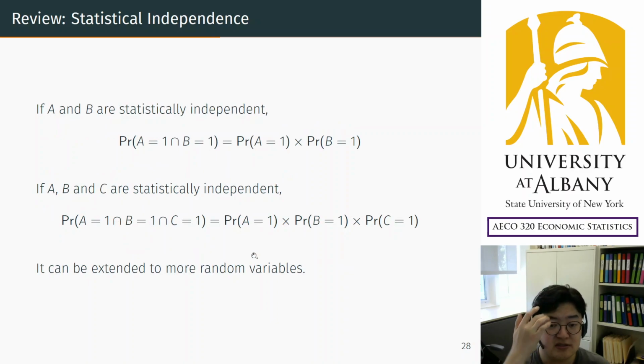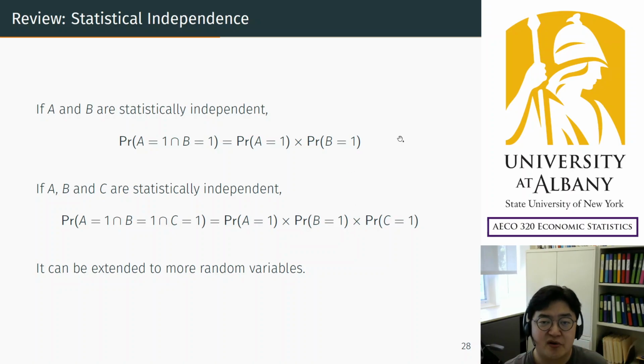What I want to say here is that we are going to use this property. The special multiplication rule is what we are going to utilize. It is not that difficult to see the relationship when you have 3 events. If you want to calculate the probability that A and B and C happen at the same time, then this probability must be the multiplication of 3 simple probabilities.